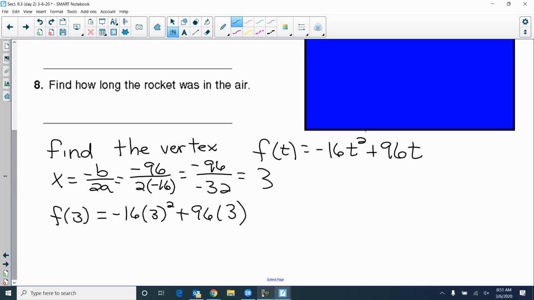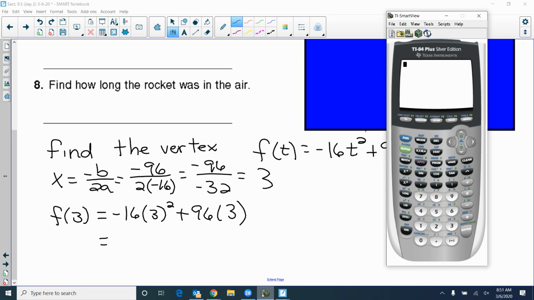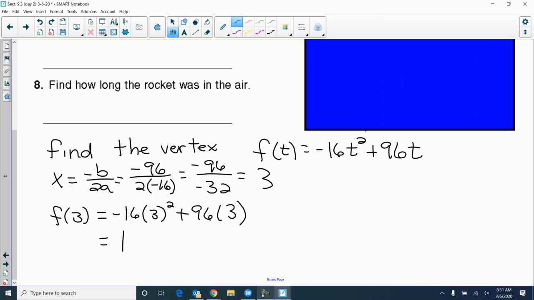Isabella, what'd you get? 432 feet. Ooh, I think that's a little big. Did you put a negative in front of the 16? Oh, I didn't do negative. 144. Plus 96 times 3. So 144.